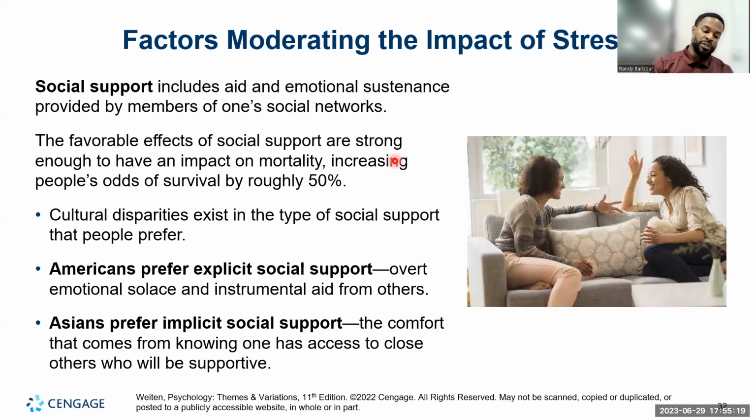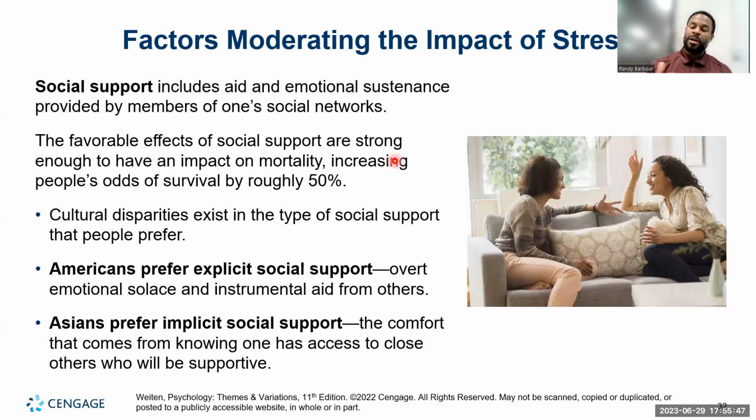So think about two individuals growing up in a very impoverished area. One doesn't have social support, the other does. Again, their survival odds for the person who does is 50% higher than that person who does not, right? So we want to make sure that we do develop social support systems and those social networks so that we have an opportunity to mitigate the impact.